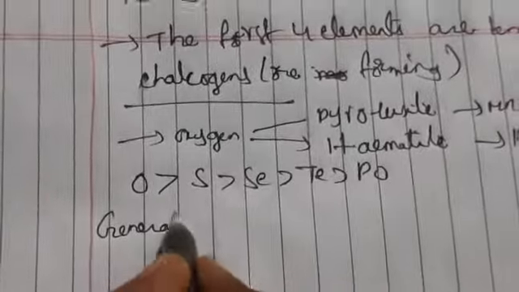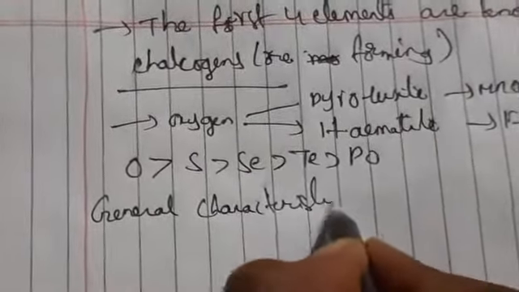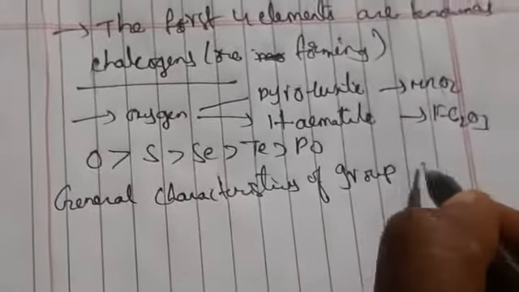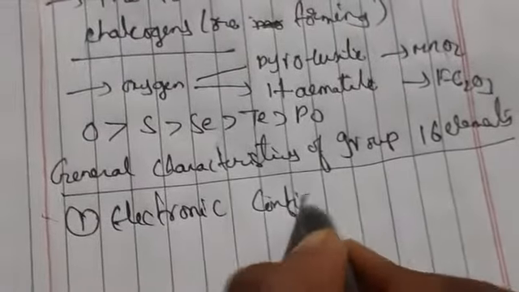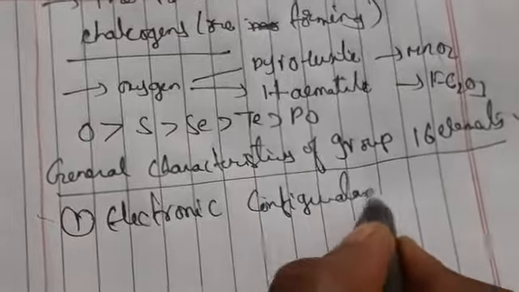So now let us see the general characteristics of group 16 elements. First one, we have electronic configuration.